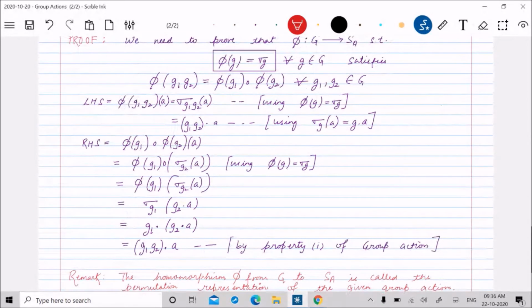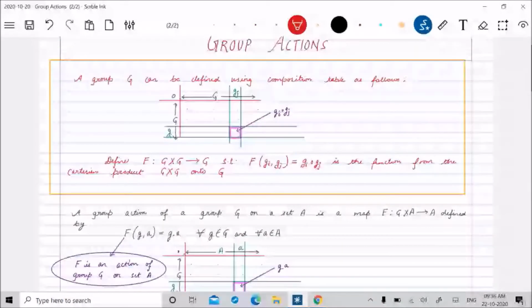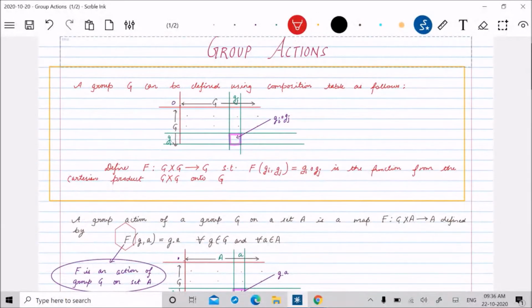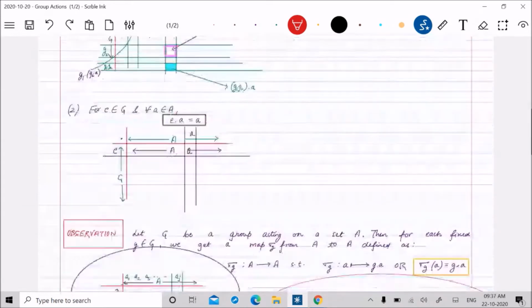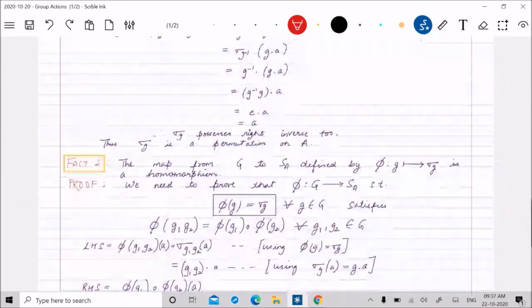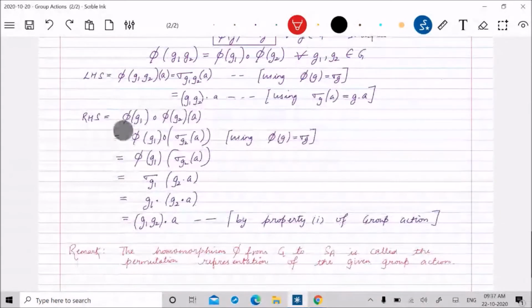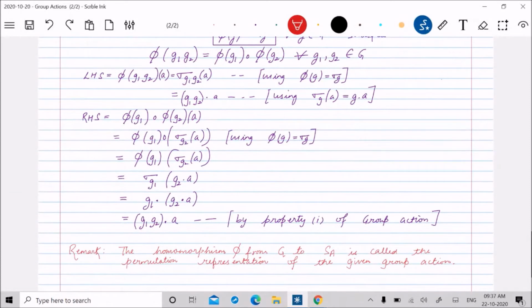And what was the group action? Please do not forget that this capital F, left, was the group action, and it is associated to this permutation representation, capital phi, right?